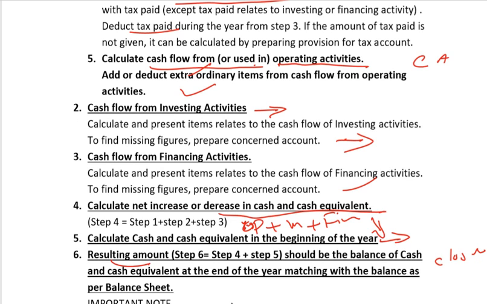The resulting amount should be the balance of cash and cash equivalents at the end of the year, matching the balance as per the balance sheet. This way we get the answer. If the closing balance of cash and cash equivalents is the same, your answer is correct.